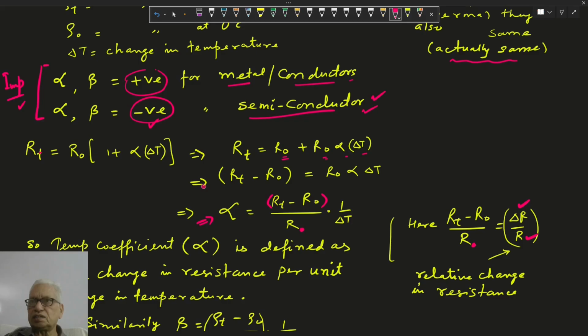This is called the relative change in resistance. So alpha, the temperature coefficient of resistance, is defined as the relative change in resistance per unit change in temperature.